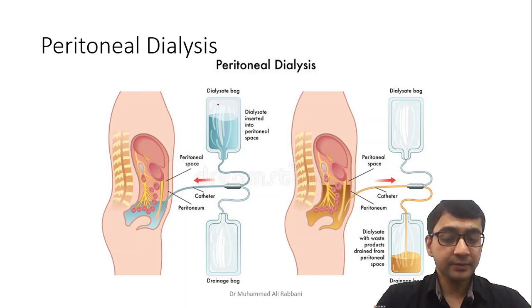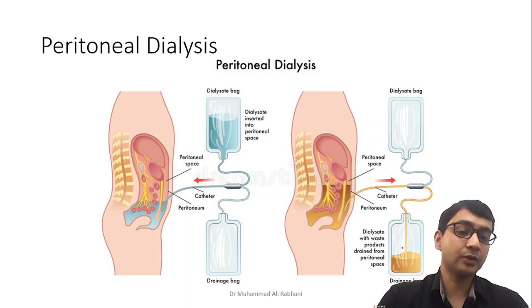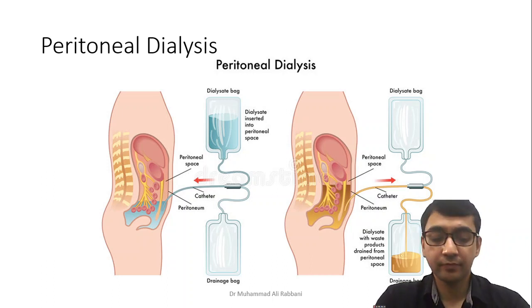So we put the dialysing fluid into the peritoneal cavity and leave it there. Due to the large surface area, exchange of material occurs. The waste goes into the peritoneal space, and then we drain it out into a bag. Then we put in new dialysing fluid, and this process can be continued as long as needed.